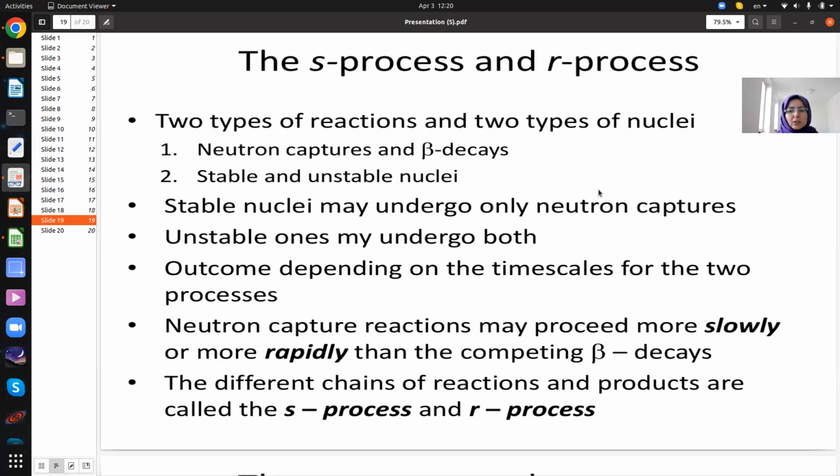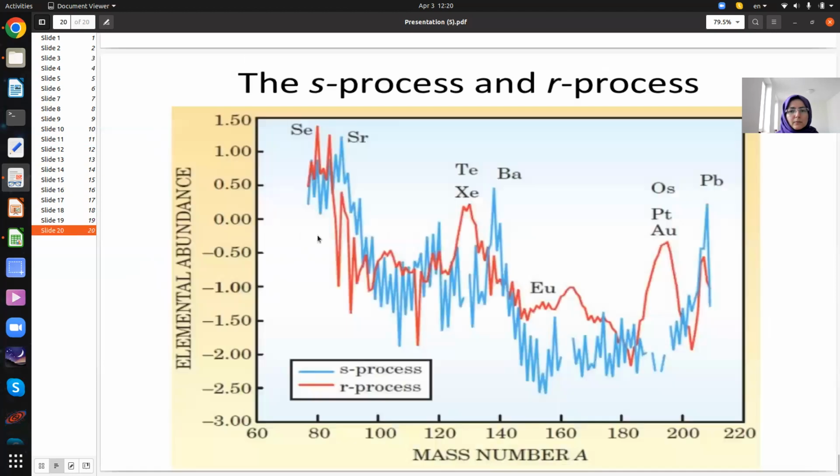Neutron capture reactions may proceed more slowly or more rapidly than the competing beta decays. The different chains of reactions and products are called the S process and R process. And here you see them, the S process and R process. Here it is mass number A, and this is the elemental abundance, as you see here.